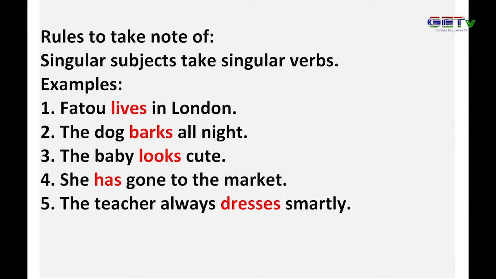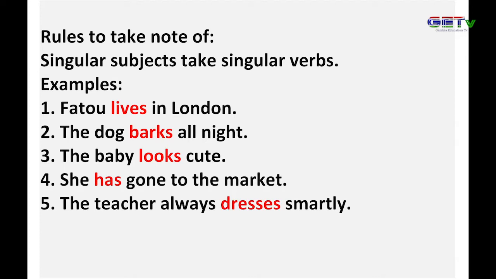You can see Fatu as the subject is singular because we're referring to one person. And the verb lives is also singular because of the inflection carried, that's the S. And you were told earlier that nouns are singular without S, but verbs are singular with S.